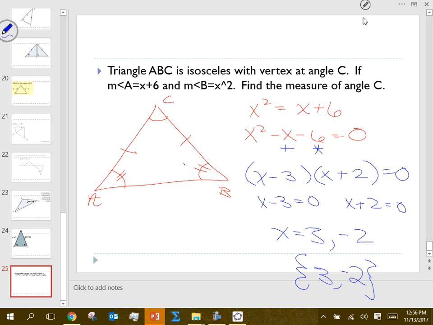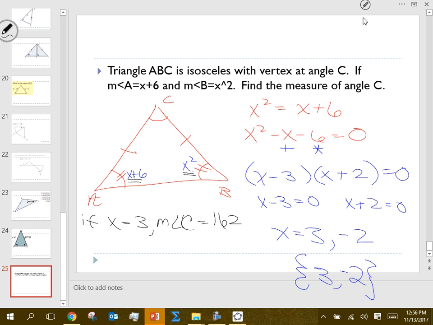So this was x squared, and this was x plus 6, right? Plug 3 in. What do you get when you plug 3 in right there? 9. What do you get right there? 9. Are those okay angle measurements? Yes. So if that's 9 and that's 9, that's 18 total, right? So if x is 3, measure of angle C is 180 minus 18, which is 162, right?